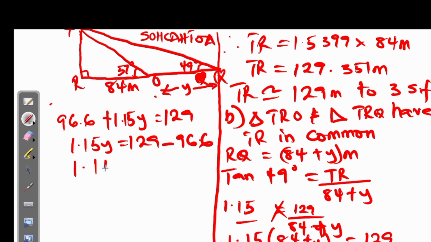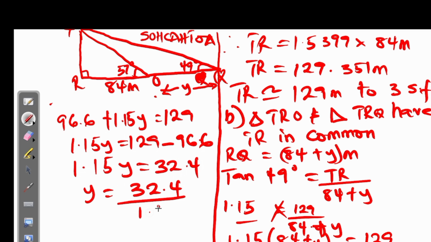So 1.15y is equal to 129 minus 96.6, which is 32.4. So y is now 32.4 over 1.15, 32.4 divided by 1.15.